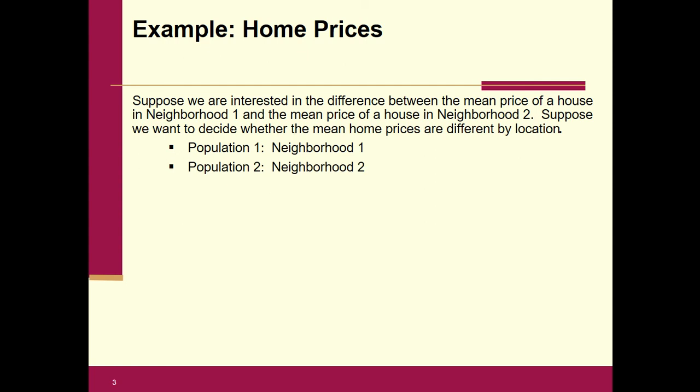Now, here's the thing: in real life, people do this test all the time. We don't just run this in academia. It really does not matter which population you make population number 1. If you were comparing males and females, you can make males population 1, or you can make females population 1.